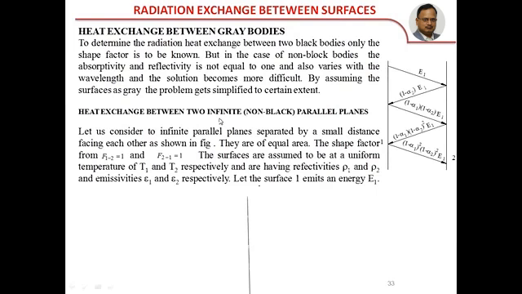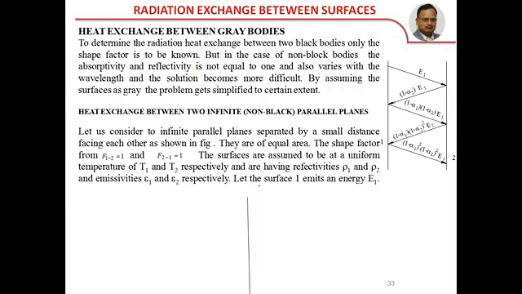Now with this brief introduction on shape factor determination, let us see a real heat exchange between two bodies. Let us use plate 1 and another plate 2, parallel, non-black bodies.